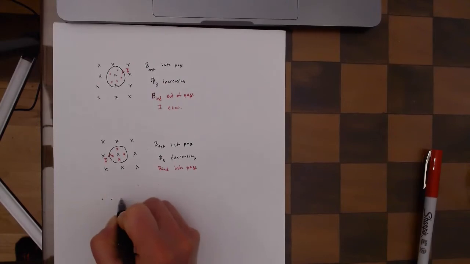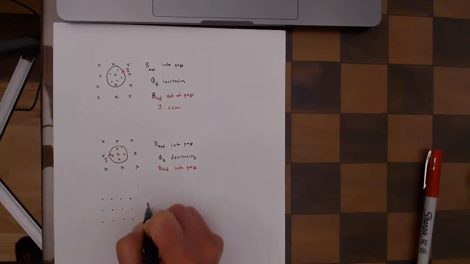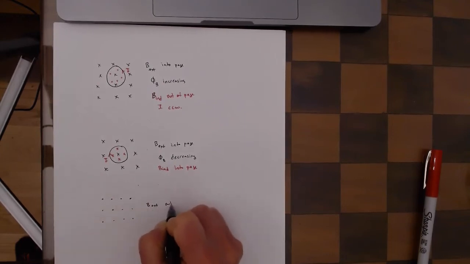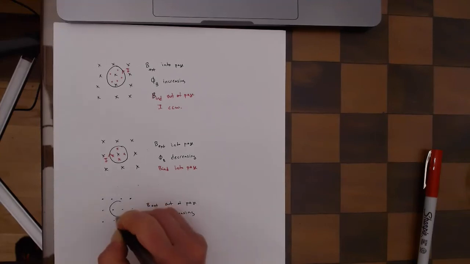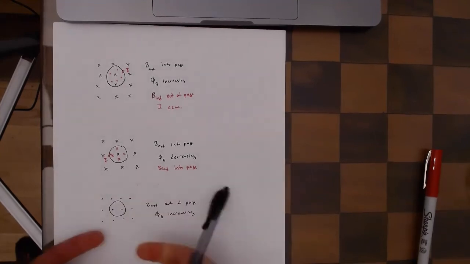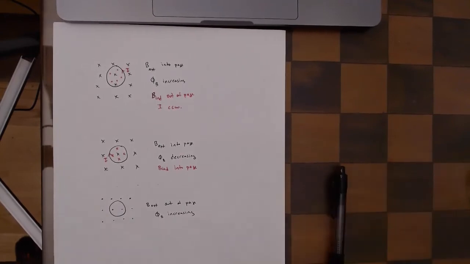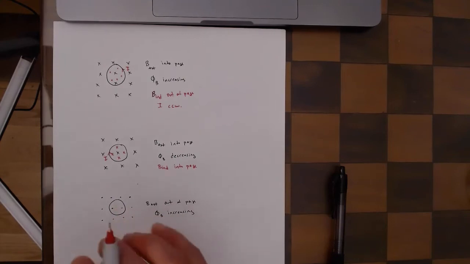So let's say now that you have an external B field coming out of the page. If the flux is increasing, so again, if you're getting more and more flux out of the page, then the idea is that the induced B field wants to cancel that, right?